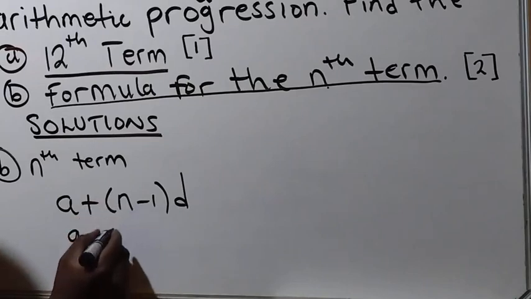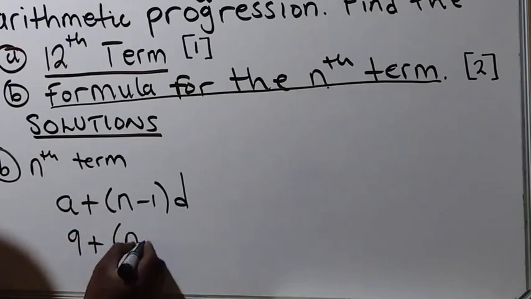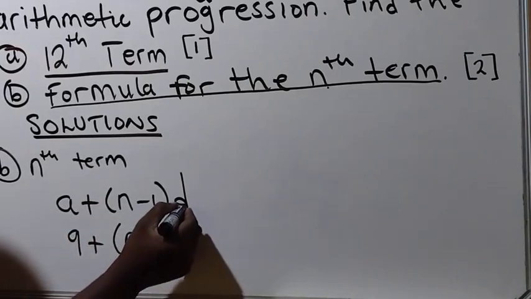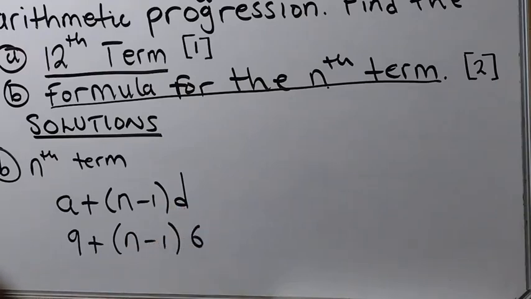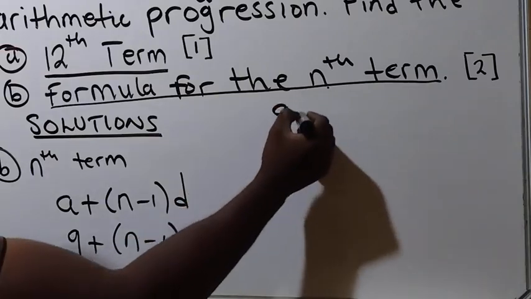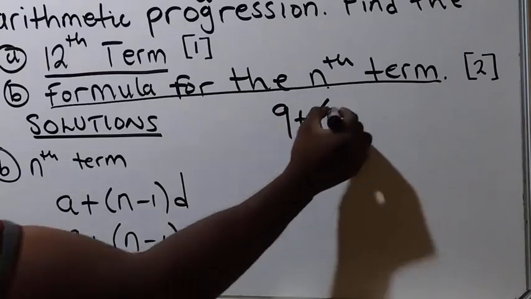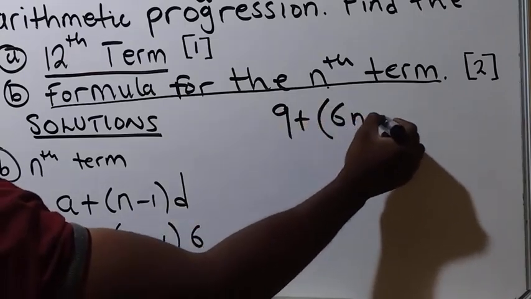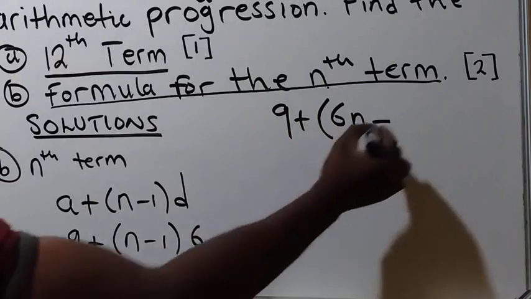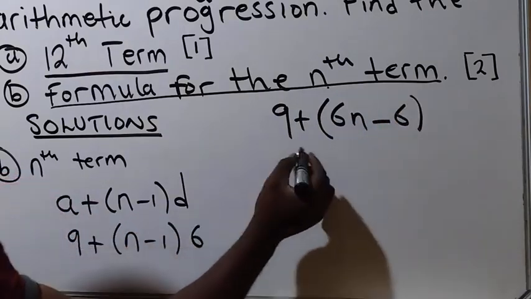Here, for n, just write n minus 1. Common difference D, we said is 6. So we are going to open the brackets by multiplying with 6. You write 9 plus 6 times n, you get 6n, minus 6 times 1, you get 6.